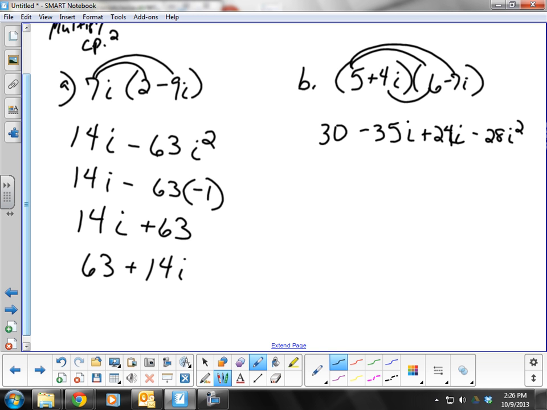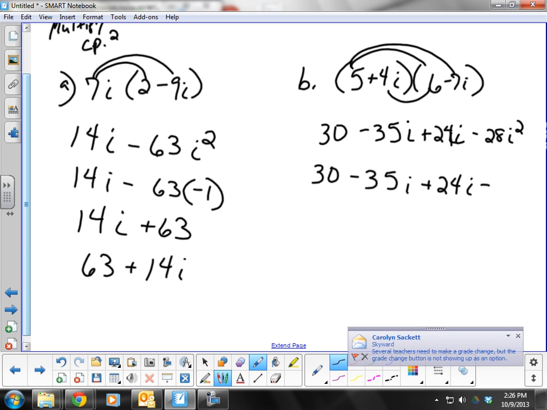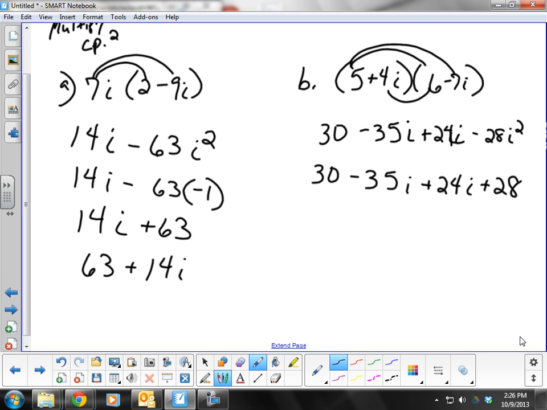Does everybody get that? Now what's the very first thing I'm going to handle? That i squared. I'm going to make that into negative 1, which is going to turn that last term into what? Plus 28. Excellent.